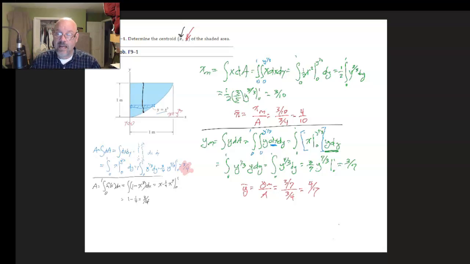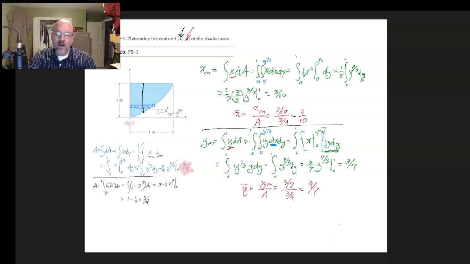It doesn't really matter how you do it. Then when we get ready to do the moment, you'll be plugging in x dA or y dA and repeating the same boundaries on your integral. However you did it before, you have to do that again. You just have to make sure you convert everything properly. And of course, you could have done dy dx instead of dx dy. That wouldn't have made any difference in our final answer.